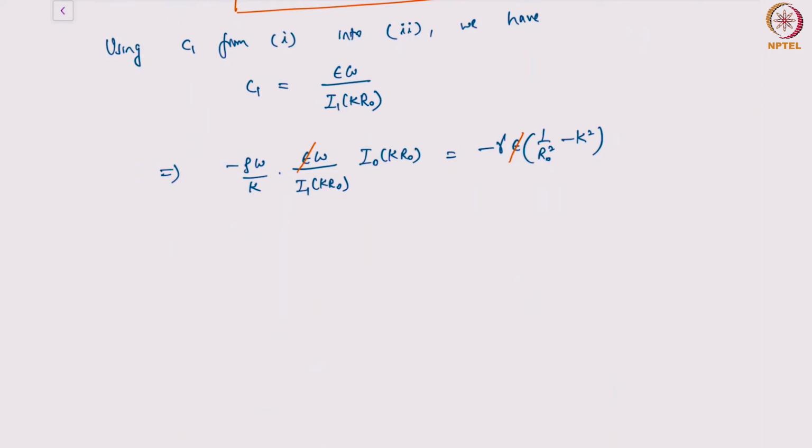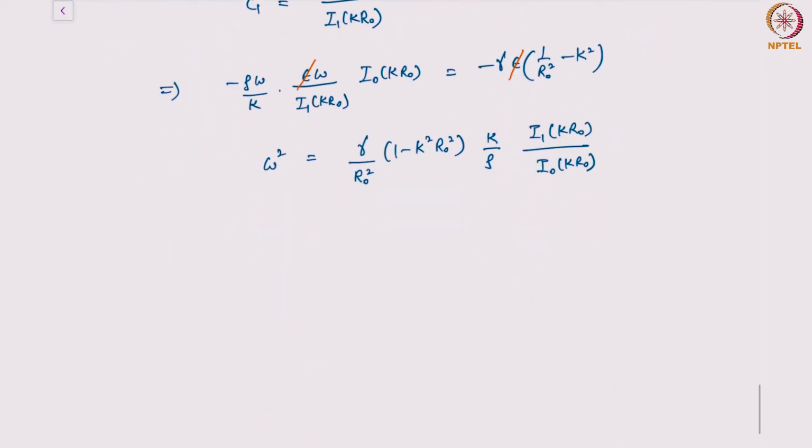You have omega on the left hand side and omega square on the left hand side. If I write it as omega square, it will be gamma by r0 square into 1 minus k square r0 square times k by rho, times I1 of k r naught divided by I0 of k r naught.